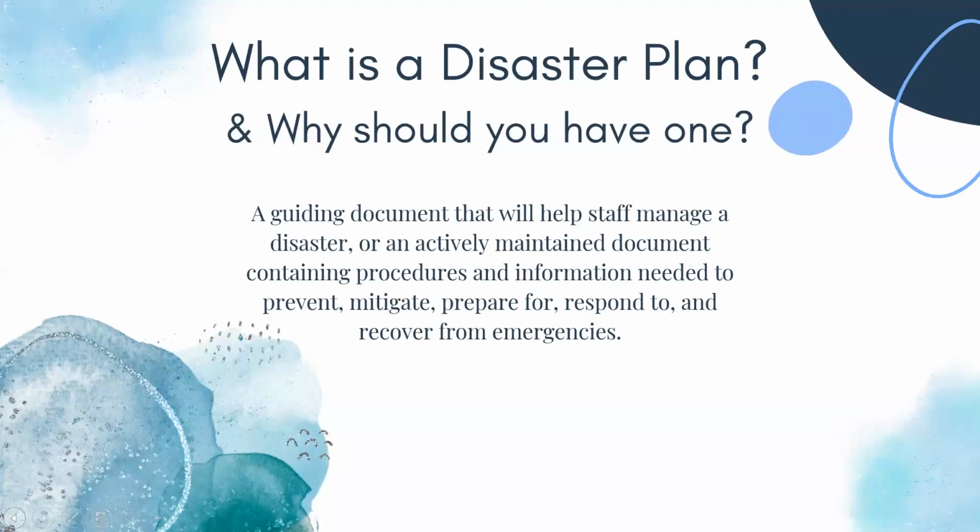So really, a disaster plan should help you alleviate chaos during an emergency, tells you what to do and how, protects the safety of people and property, facilitates a quicker return to normal operations, reduces loss. More prepared organizations mean a more resilient community.